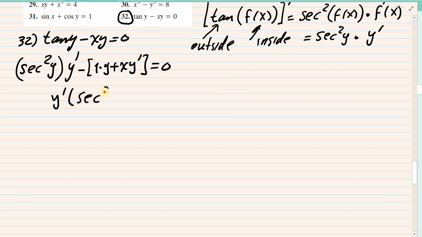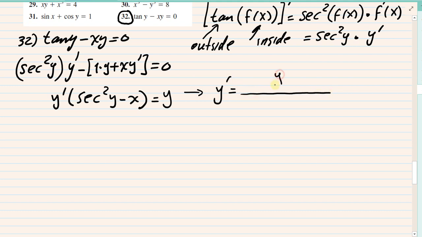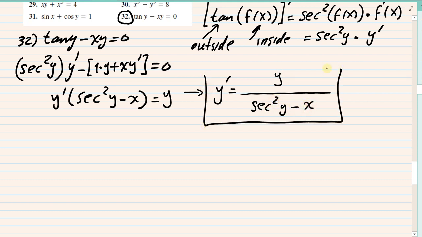This becomes secant squared y minus x. And move y to the other side. And in the next step, we can solve for y prime. So the first derivative is going to be y over secant squared y minus x.